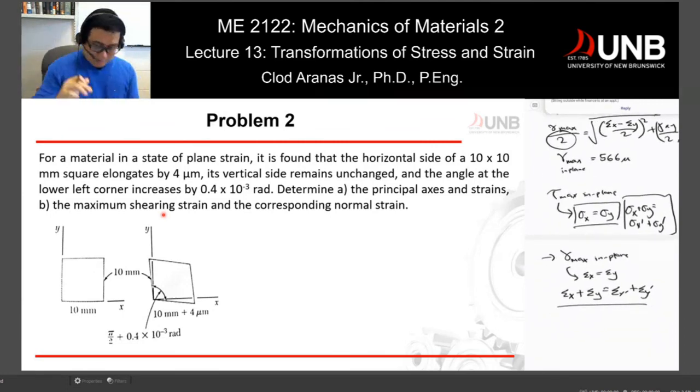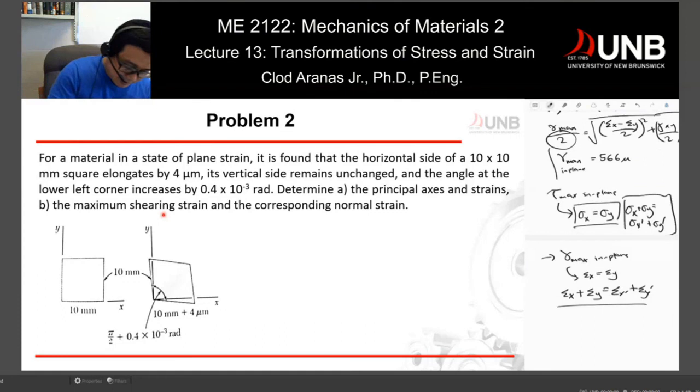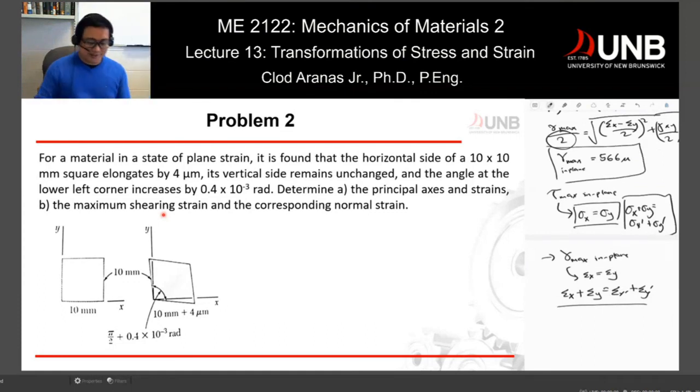Which means that if I am at my maximum in-plane shear strain, which is 566 mu right there, I know that my normal strain at that point would be: twice the normal strain is equal to epsilon x plus epsilon y. So take note that I'm assuming that this epsilon x prime and y prime, they are equal.